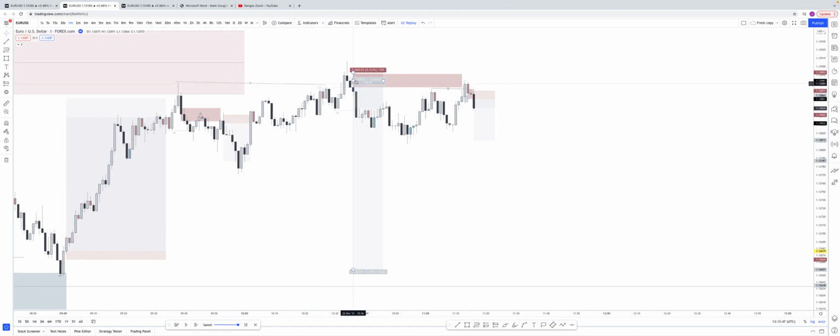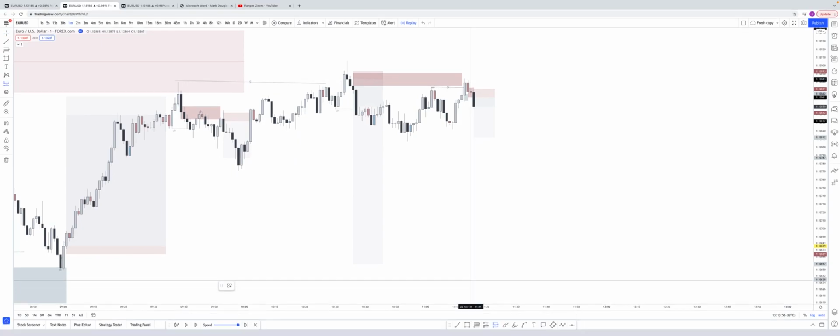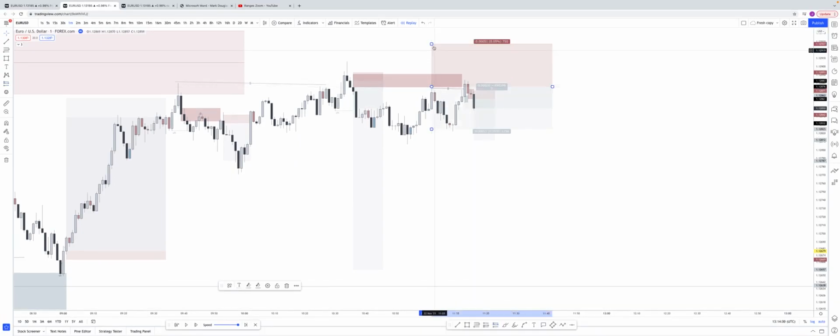So for me, this wick is our supply that we can trade from if we come back into it. Normally, if you were trading just the 1 minute, you would stick a limit on here at say 1.5. You'd probably go 2 pips to try and cover the wick properly. It's 1.5. Yeah, you're not covered there.